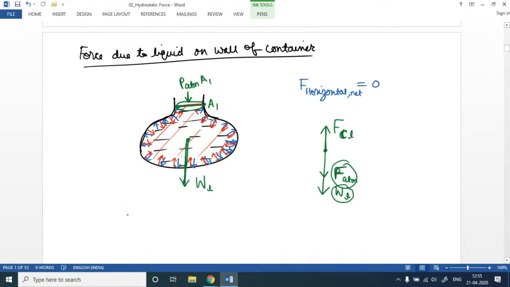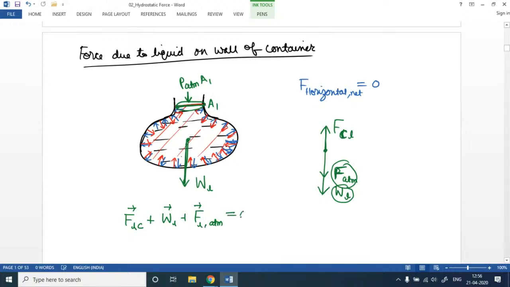Vectorially, we can simply write force exerted by the container on the liquid, or force experienced by liquid due to container, plus weight of liquid, plus force exerted by atmosphere on the liquid.